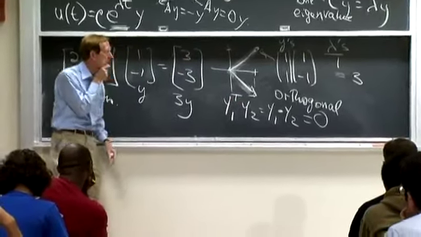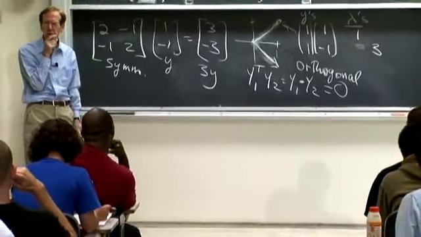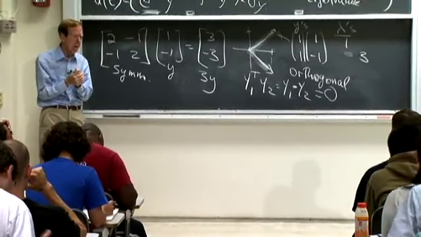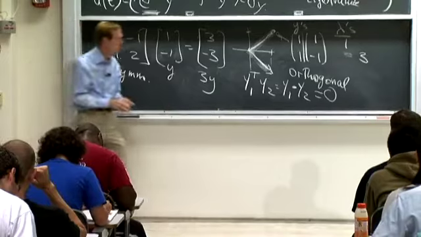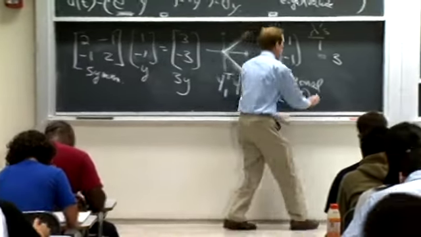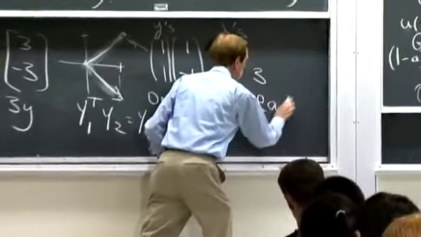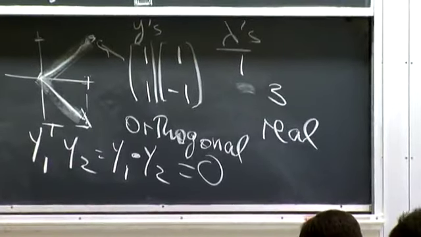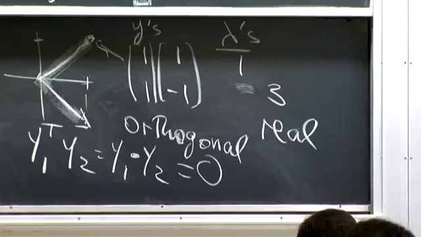What's the property of the eigenvalues for a symmetric matrix that you would just guess? They're real. Symmetric matrices are great because they have real eigenvalues and they have perpendicular eigenvectors.